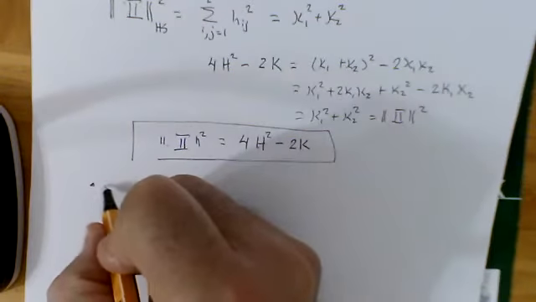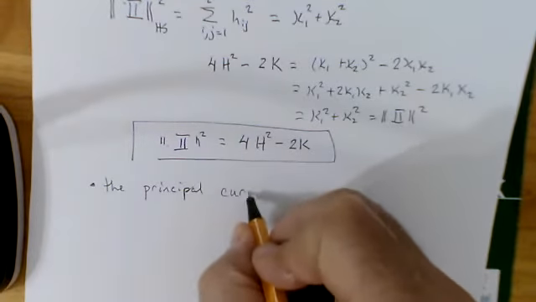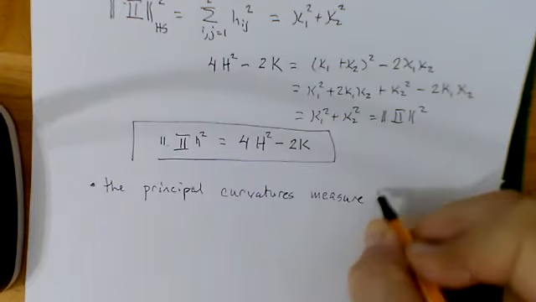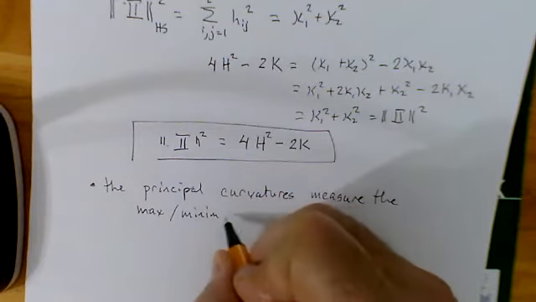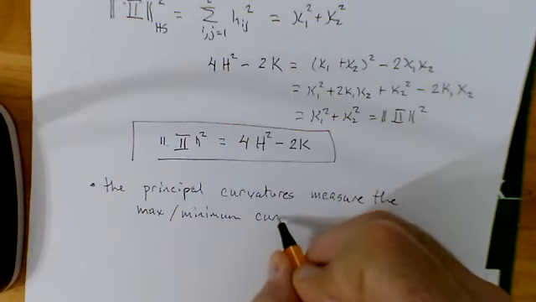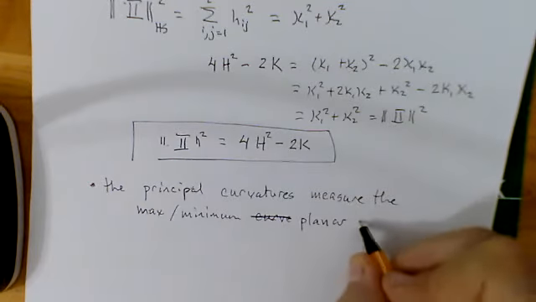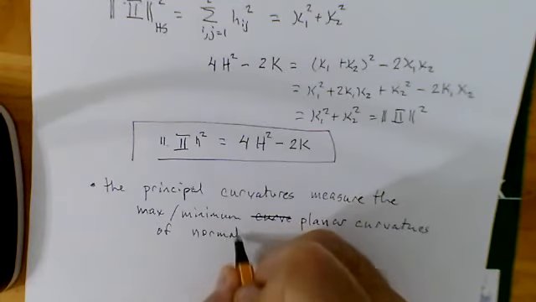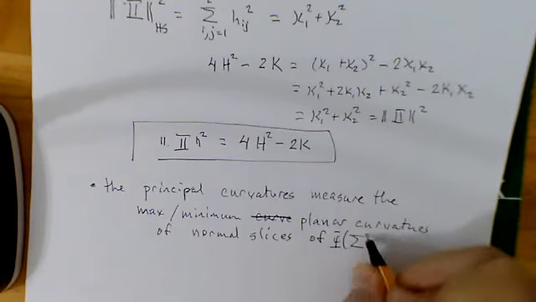The principal curvatures measure the maximum and minimum planar curvatures of normal slices of this surface.